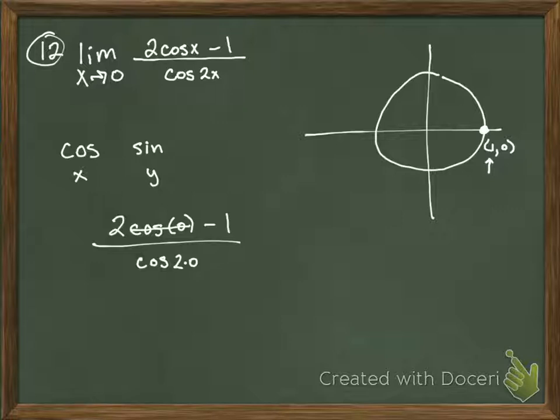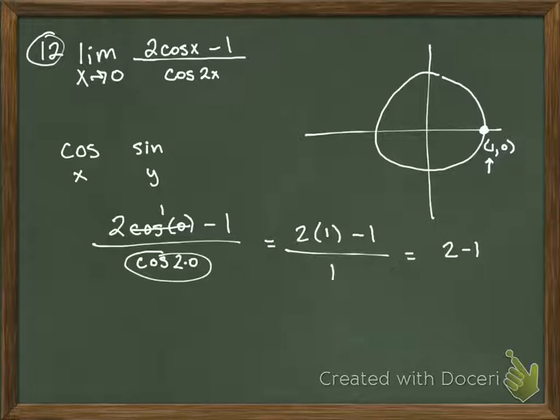So the cosine of 0 is 1. So this is 2 times 1 minus 1 all over the cosine of 0 in the bottom, right? So that's 1. So what does this end up going to be? 2 times 1 minus 1 over 1, which is 1 over 1, which is 1. So all that limit just goes to 1. Okay.